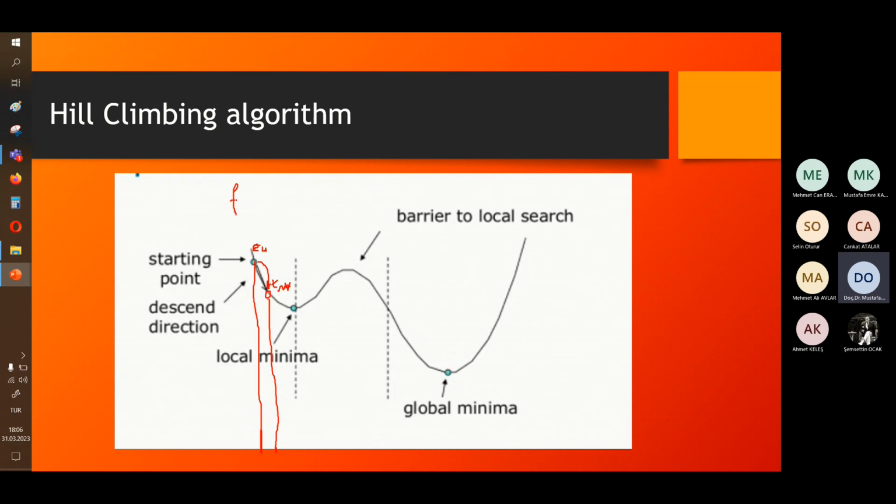What we are doing is checking the fitness function of current and the fitness function of next. If the solution we are testing is better than or equal to the current solution, we accept it because it is a better solution. Otherwise, reject.